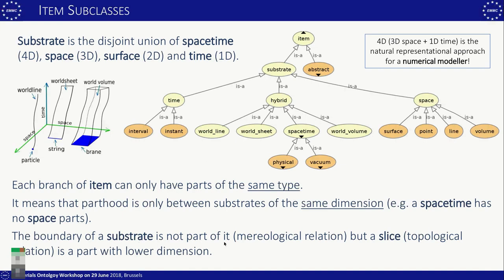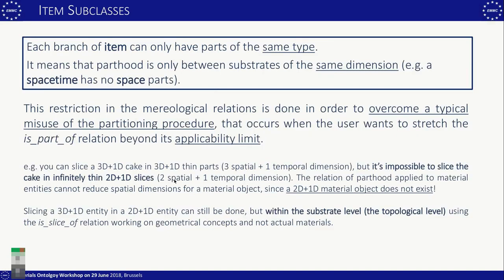The boundary of a substrate is not part of it, but is a slice, a topological relation. So we define a slice as a part with lower dimension. So the partout, the mereology, cannot move an object from its class, but the slicing moves objects from one class to another class.